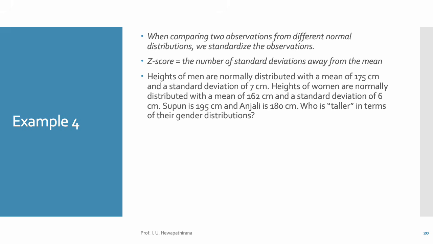For this, we will first calculate the Z score for Supun. So, Supun's score is 195 minus the mean 175 divided by 7, the standard deviation, which equals 2.86.